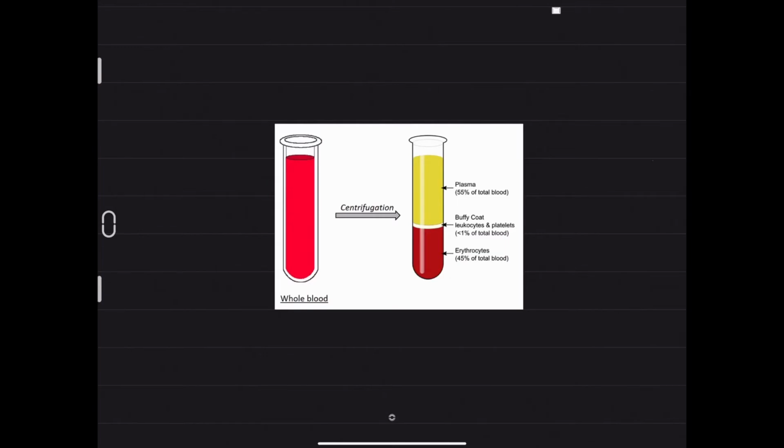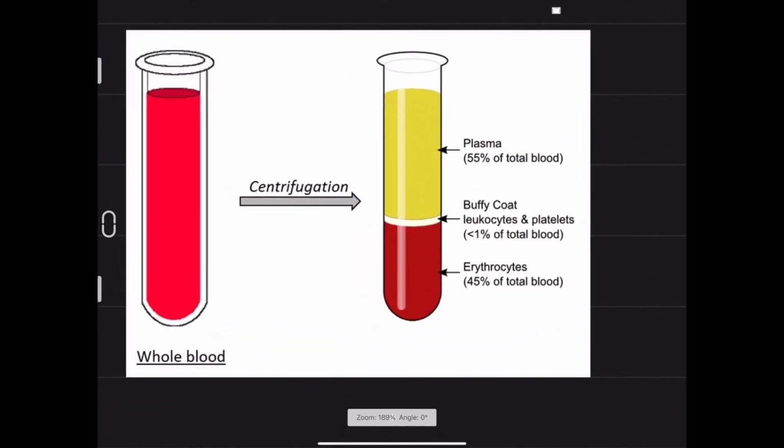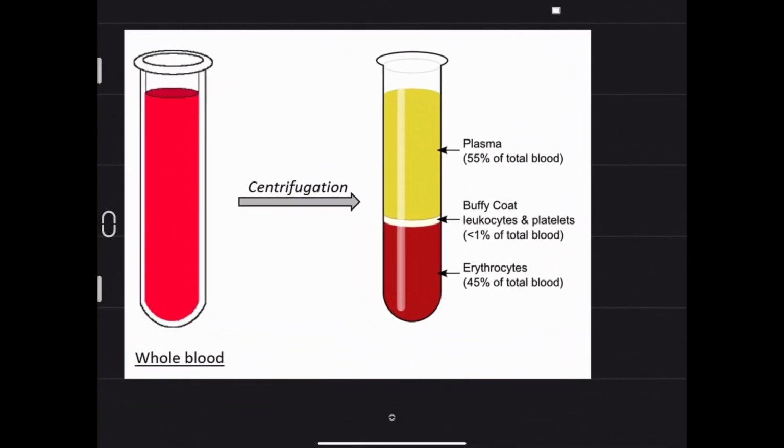And what I want you to notice is the percentages of each component for plasma, for the white blood cells, and for the red blood cells. And this is another name for red blood cells, so just be aware that's another name for the red blood cells, but you don't have to remember it in that way. You can just refer to it as red blood cells.